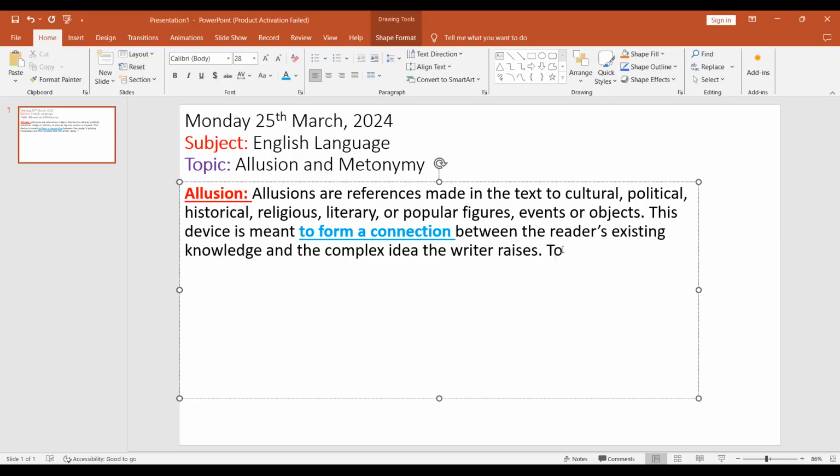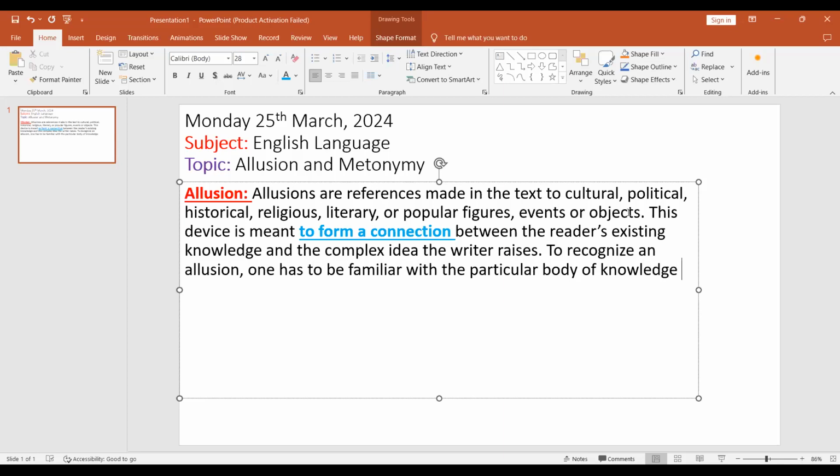So to recognize an allusion, one has to be familiar with the particular body of knowledge being referenced.